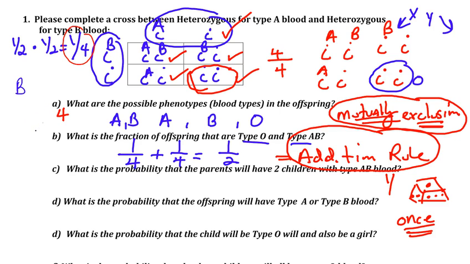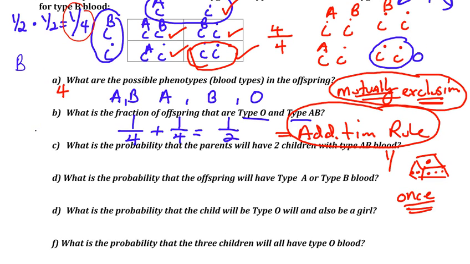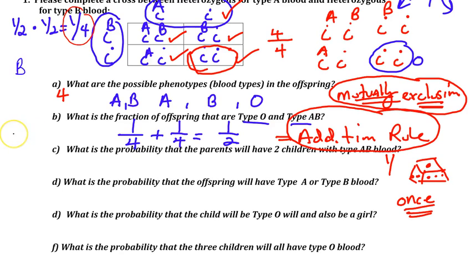Okay, so let's go on to the other questions. What's the probability that the parents will have two children with the blood type AB? Two children is two different events. They're not mutually exclusive. So what's the chance of having AB? 1/4. And I'm going to times it by another 1/4. Why do I do that? These are two different rolls of the dice.